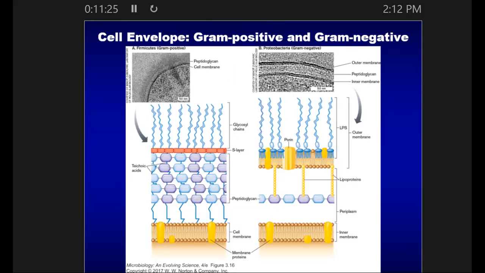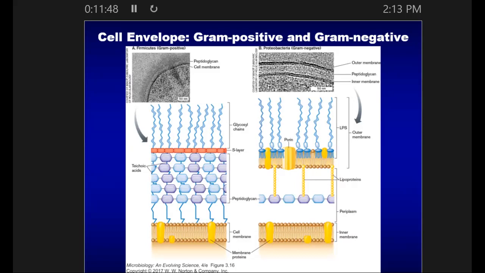And I'm going to go through some of this in more detail. Again, the blue and the purple here, the hexagonal shape, that's the peptidoglycan. It's very thick on the left, very thin on the image on the right.